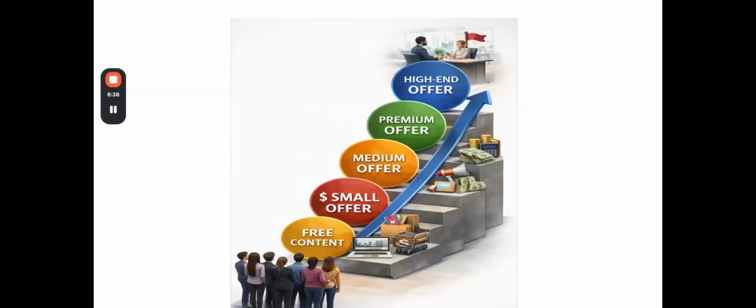This is an example of what Russell Brunson calls the value ladder. In short, this is a part of the customer journey. So initially, when they find out about you, it's good to offer free content or some kind of discount, some kind of coupon, right?